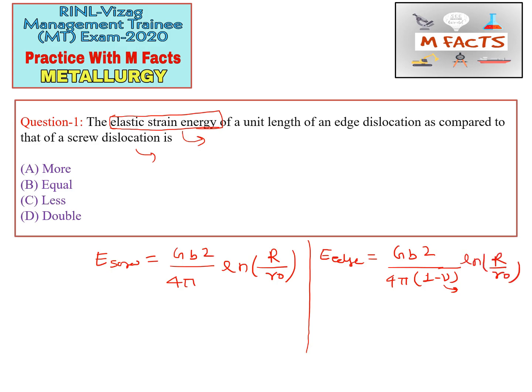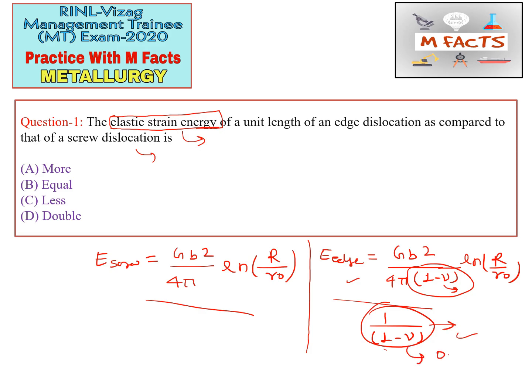So here we can compare both formulas, and we see that the 1 by 1 minus nu part is an extra part in the edge dislocation. We know this nu value, for most of the materials, ranges from 0.05 to 0.5. So this value will be a fraction. Whenever we divide by this term, we will get a larger value in comparison to this.